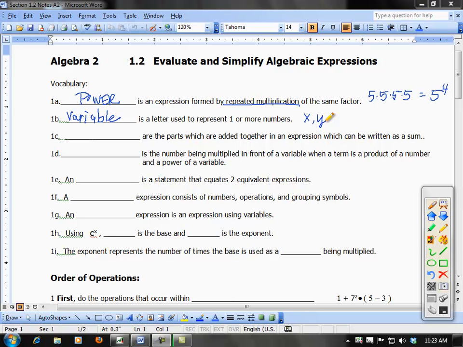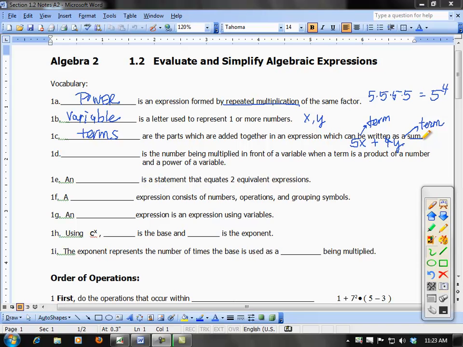Okay. The things added, the parts which get added together, are called terms. So something like, if I gave you an expression that looked like 5x plus 4y, 5x is a term, and 4y is also a term that get added together.